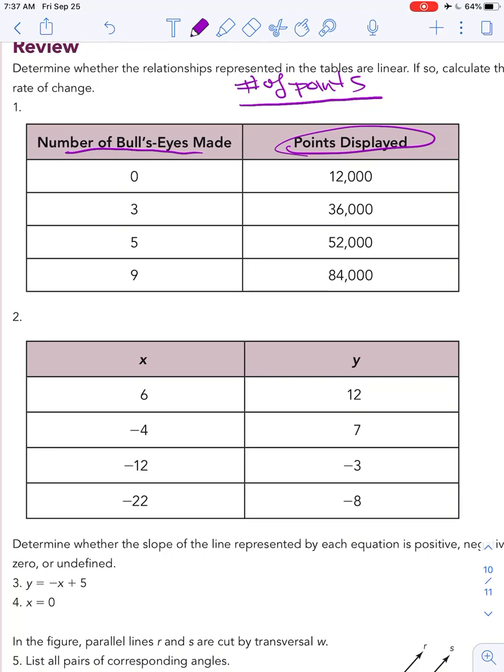Number of points per number of bullseyes made. Okay? So I just picked 2 points. I don't care which points you pick. I'm going to pick this one and I'm going to pick this one.